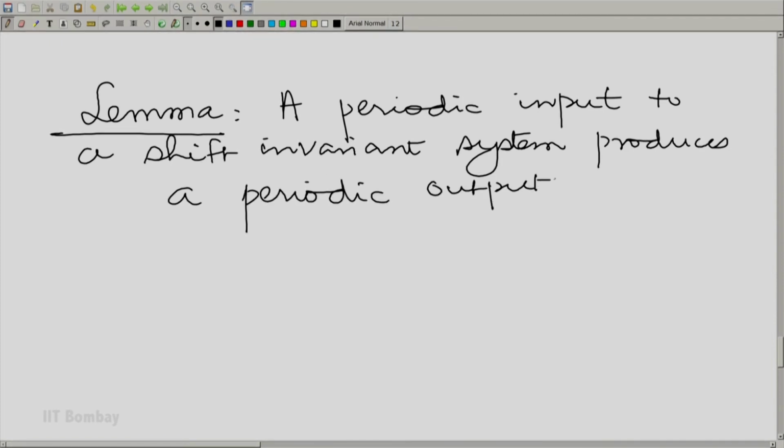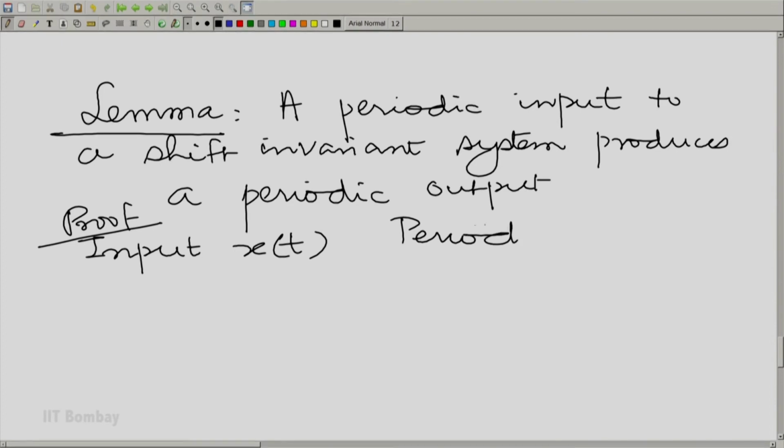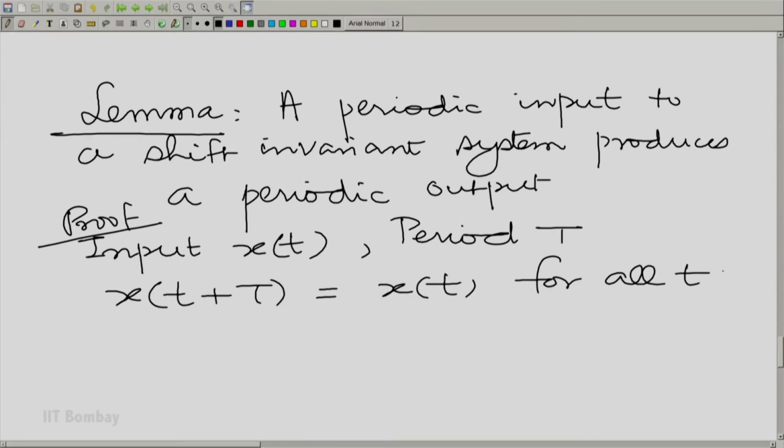Well, that is very easy. Let the input be x of t and let the period of the input be capital T, whereupon we have x of t plus capital T is equal to x of t for all t by definition.